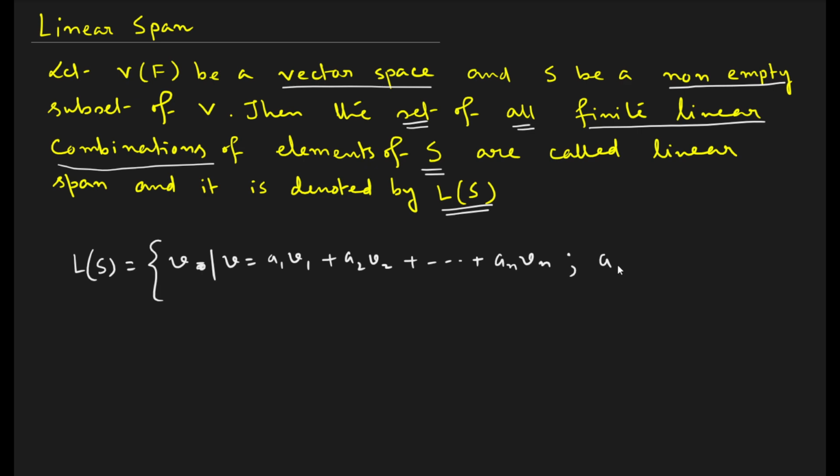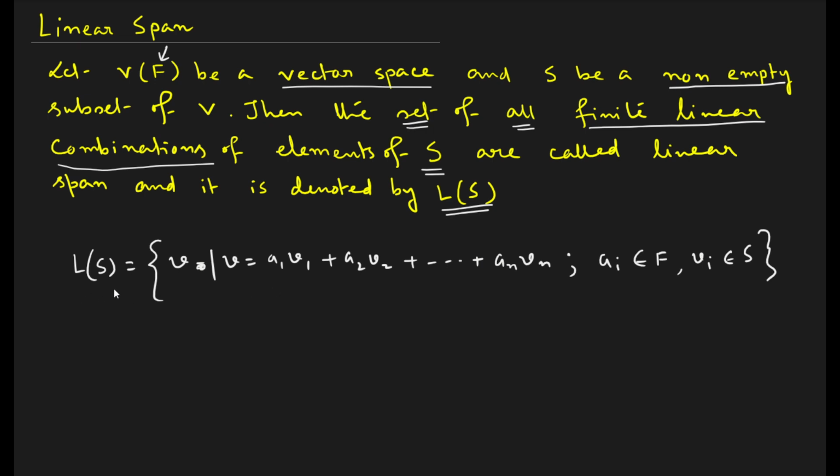So these ai's, a1, a2, an, are all scalars. Scalars will come from what? Field. And then these vi's will come from the set S. And n, what is the total number of elements? n is finite. So n can be 1, n can be 2, but it should be finite.